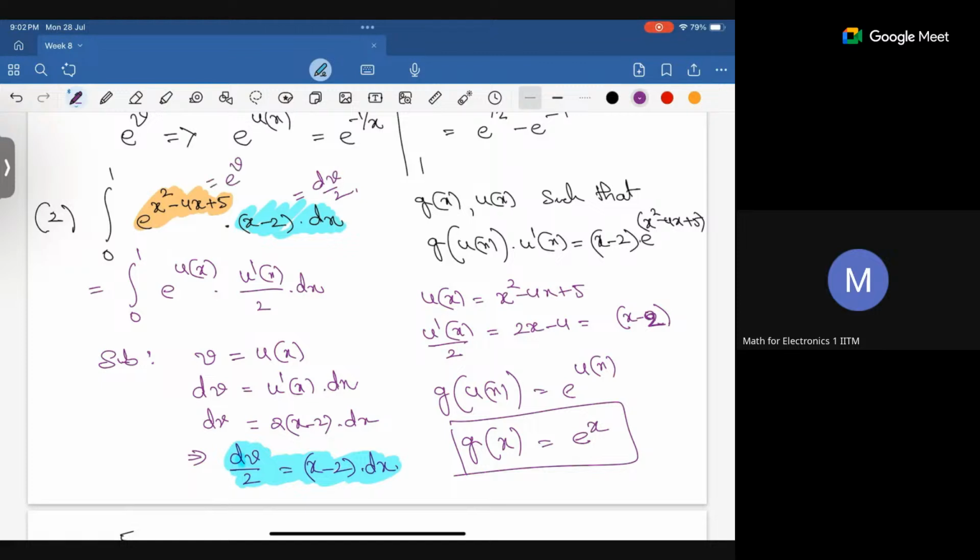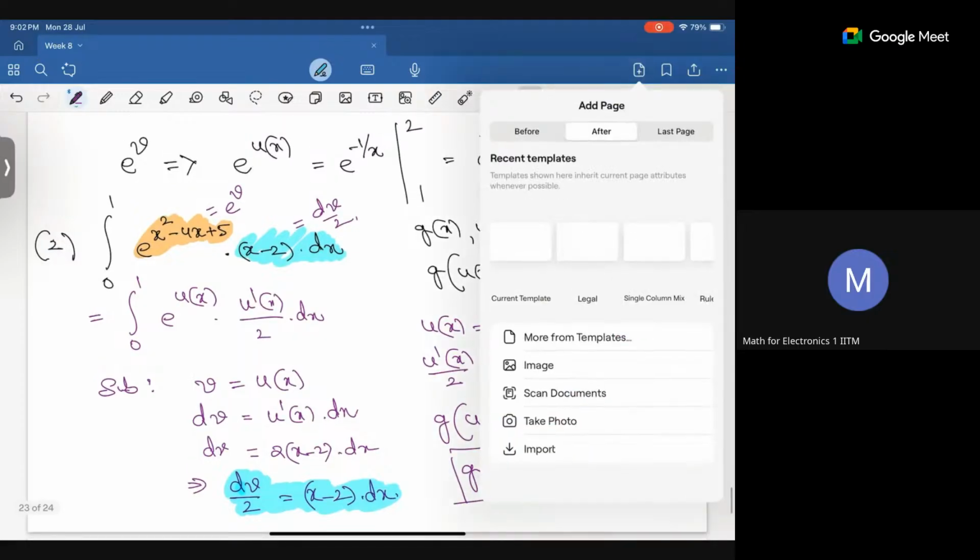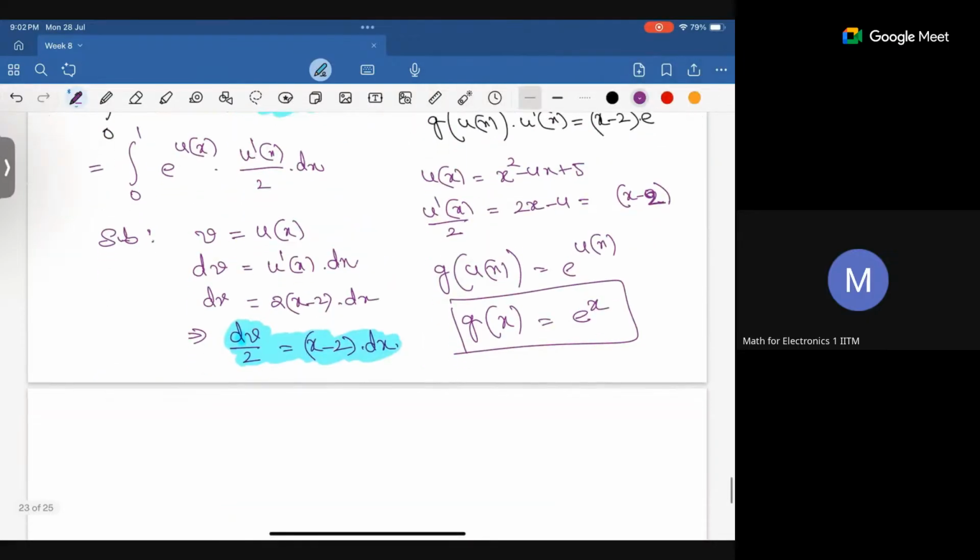Right? And the limits also we have to compute. V is x square minus 4x plus 5. That is what u of x is. So from here, the lower limit of x is 0.